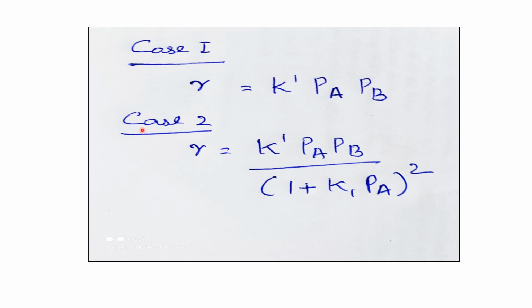In case 2, when A is adsorbed more strongly than B, K1 PA is found to be very much greater than K2 PB, so that equation 13 becomes R equal to K dash into PA PB divided by (1 plus K1 PA) the whole square.